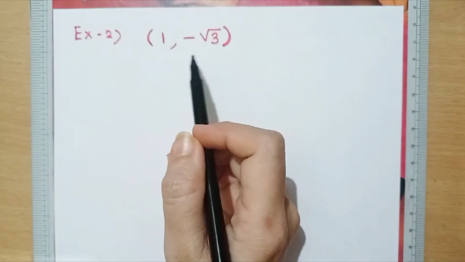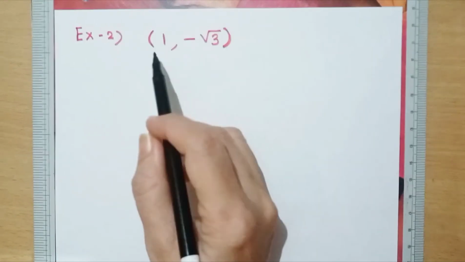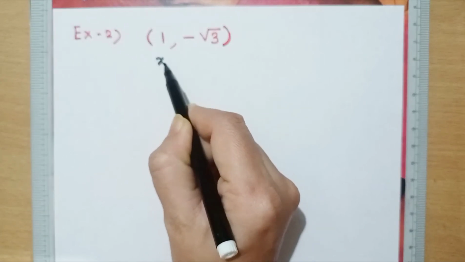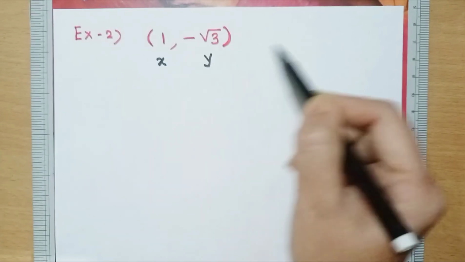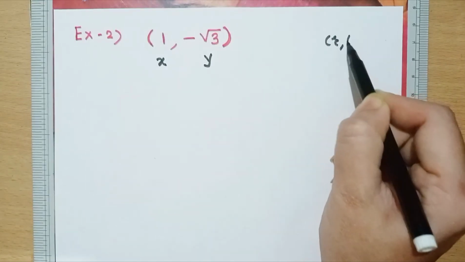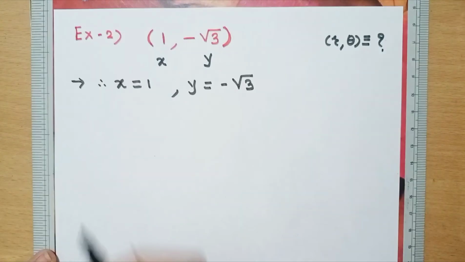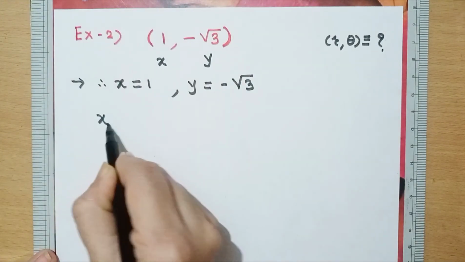This is our second example, and we know that these are Cartesian coordinates. That means this is x, this is y, and we have to find out polar coordinates, that means r and theta. And we know the parametric equations.